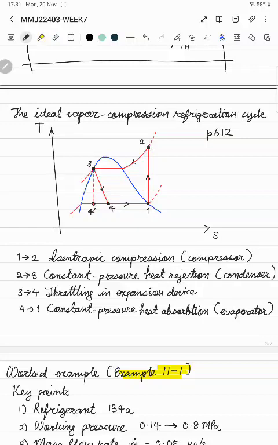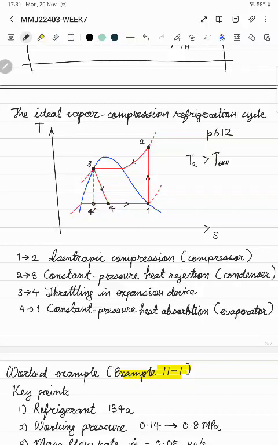And bear in mind the temperature at state 2, T2, should be larger than the temperature of the environment, because heat goes from high temperature to low temperature. So the compressor must compress the refrigerant so that it reaches a temperature higher than the environment temperature. And then the heat from the refrigerant is removed.